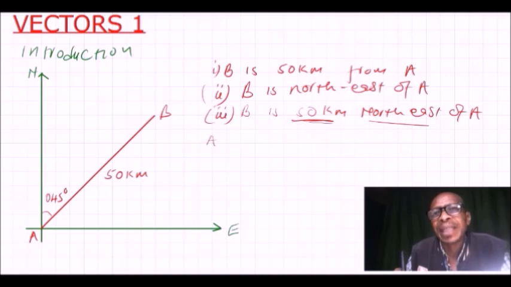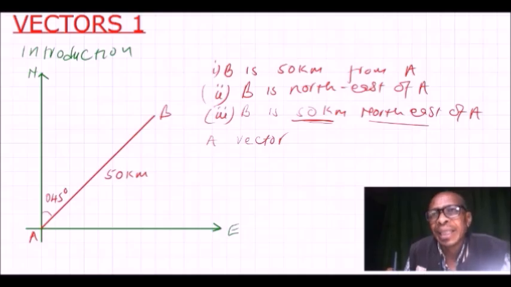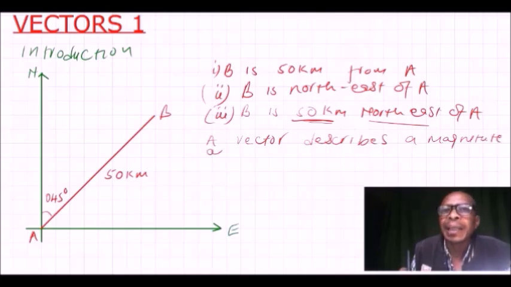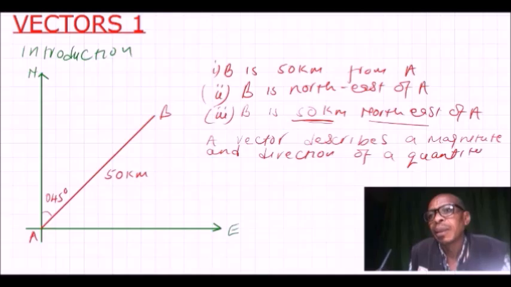So a vector describes a magnitude and direction of a quantity.